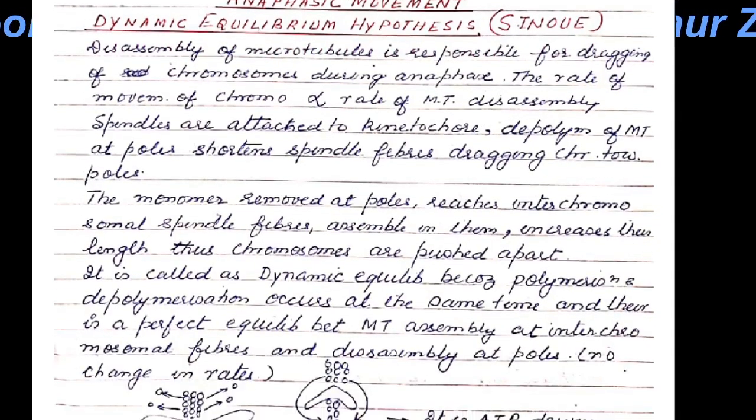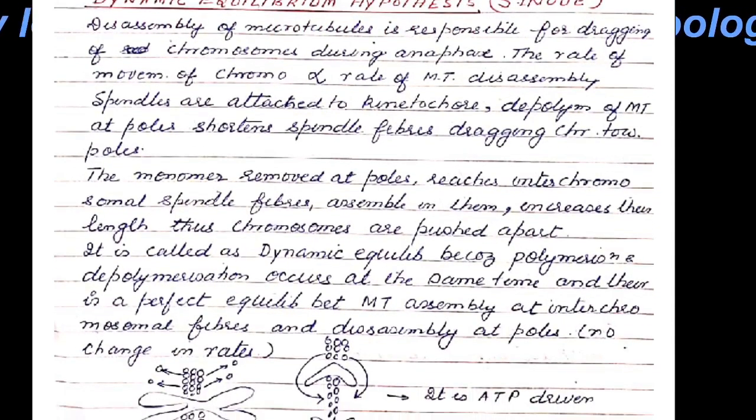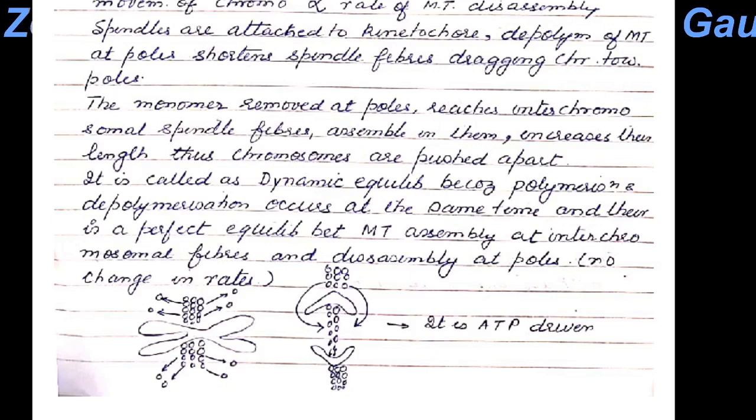The monomers removed at the pole reach the interchromosomal spindle fibers and assemble there, and when their length increases, it pushes the chromosomes apart also.